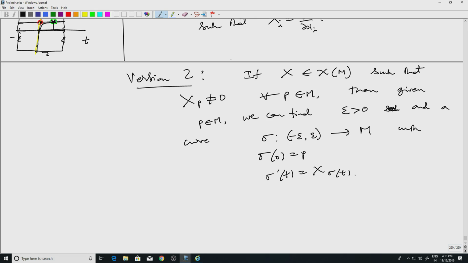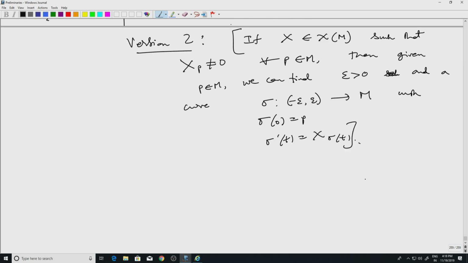In other words, all I've written here is that we can find an integral curve passing through that point. So this is something that we already know. This is not the theorem.